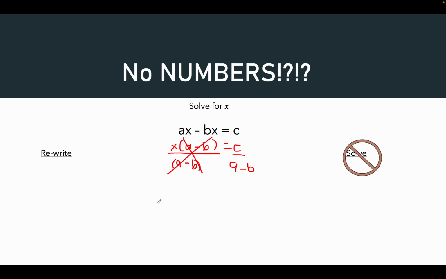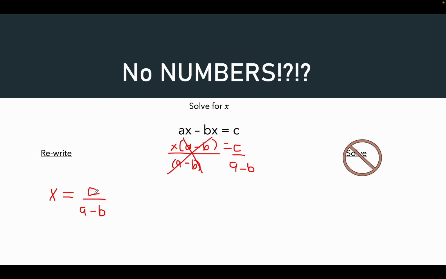So then when I rewrite this, it's actually X equals C divided by A minus B. So there it is. I have changed the formula so that I have X all alone now.